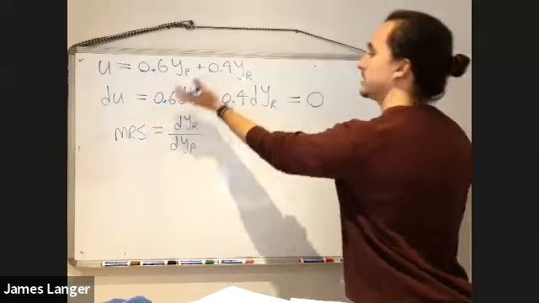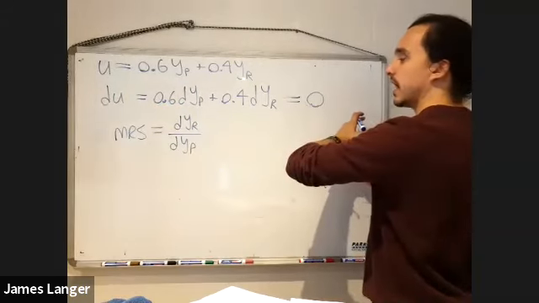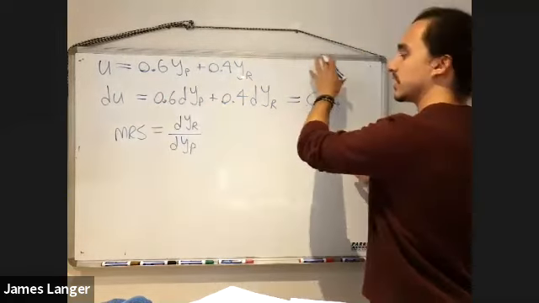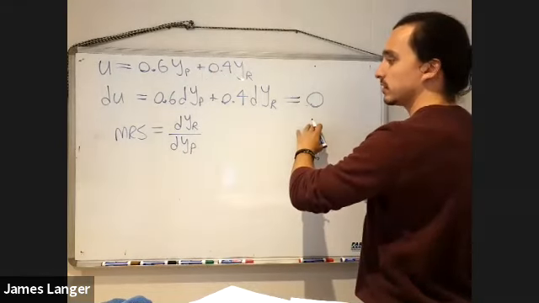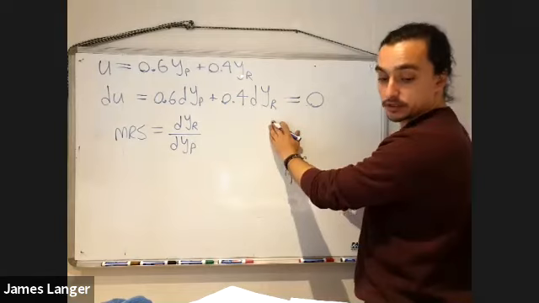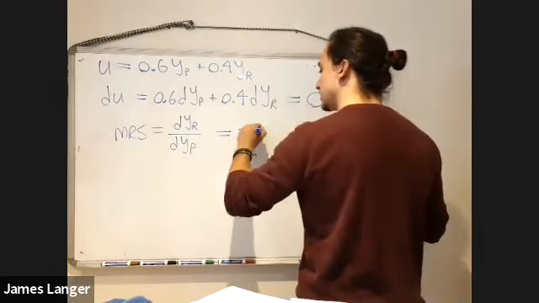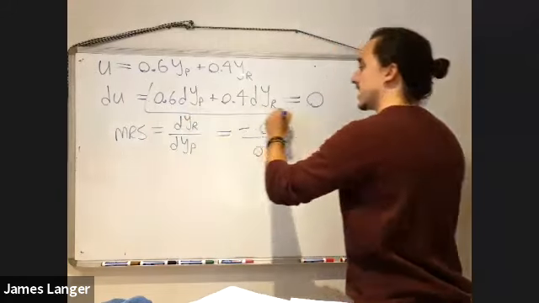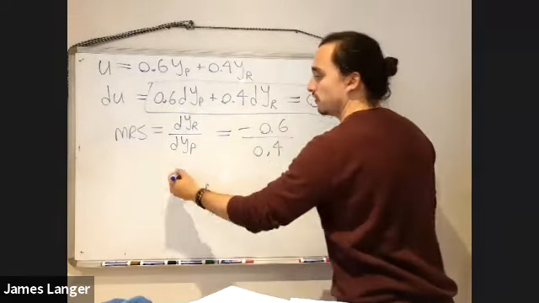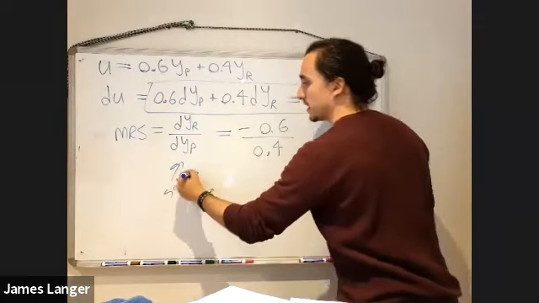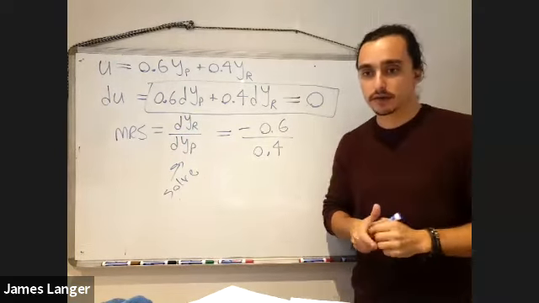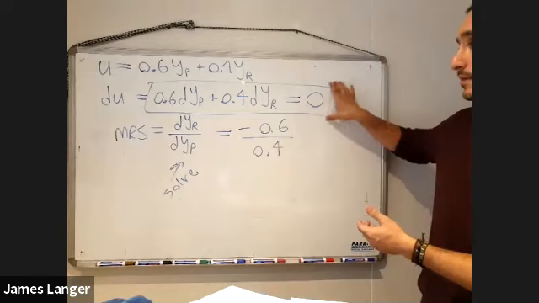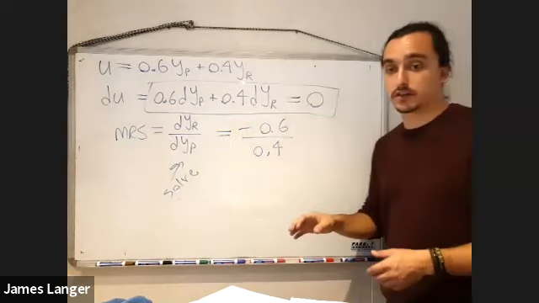I take 0.6 dYp to the other side, I divide by dYp, and then I divide by 0.4. And that's how we were able to get minus 0.6 over 0.4. So essentially, you just take this and you solve for this, which gives you that answer. Okay, makes sense? Let me know if you're happy with that. I skipped this step, but that's how we got from there to there.